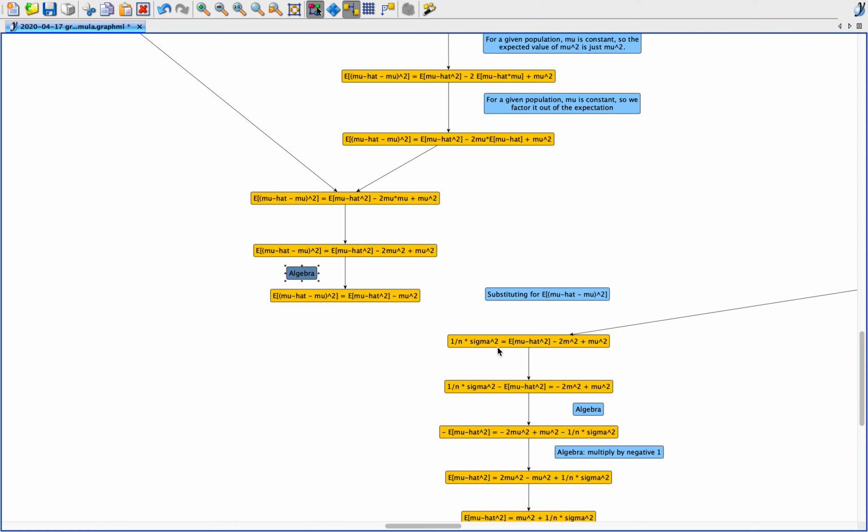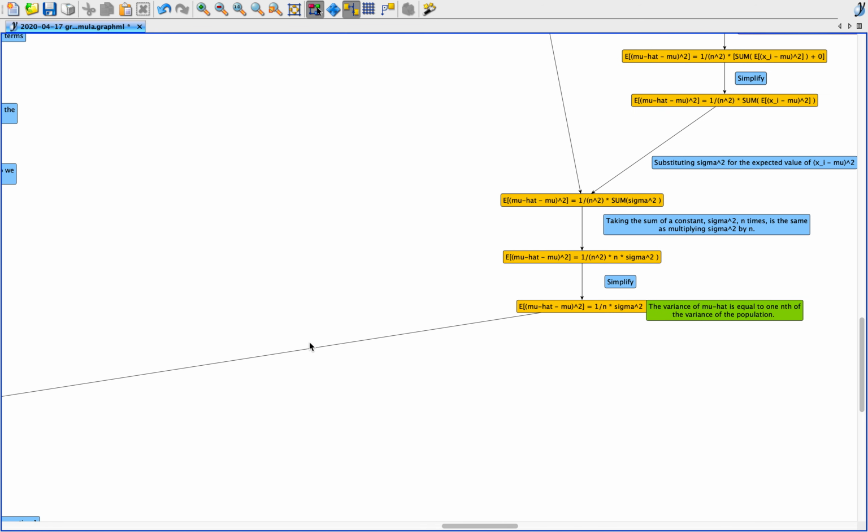And now we're going to substitute in the value of the expected value of (mu hat minus mu) squared. We know what this expected value is because we solved for it here.